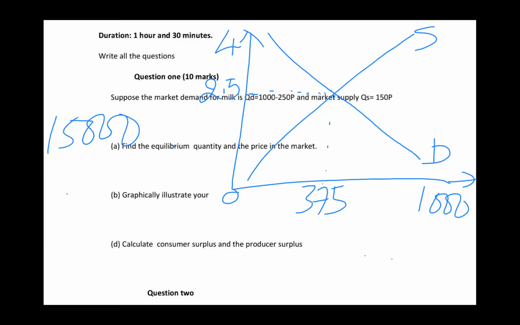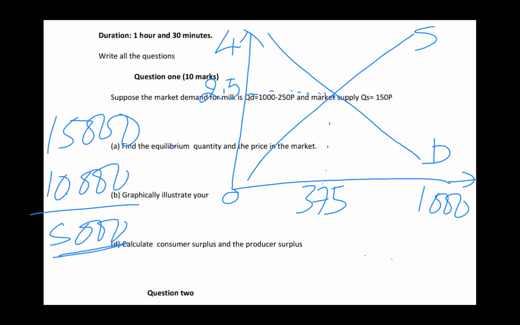Then you find that the laptop is just 10,000. So you have a difference of 5,000, and that 5,000 is what is called the consumer surplus.